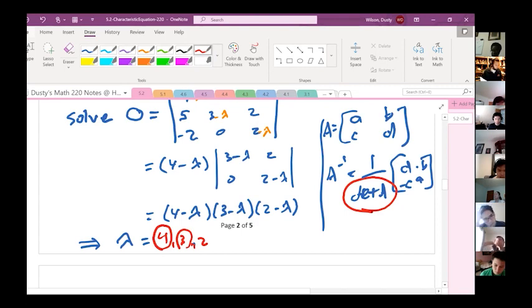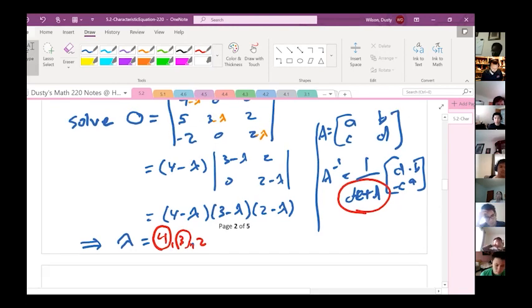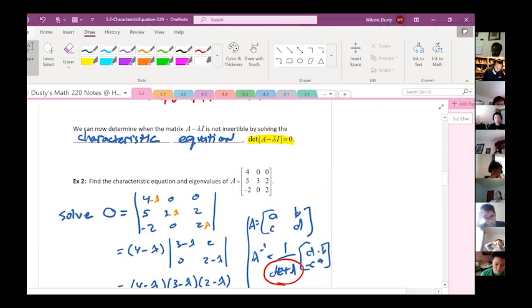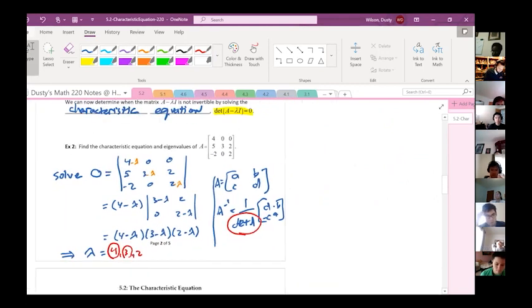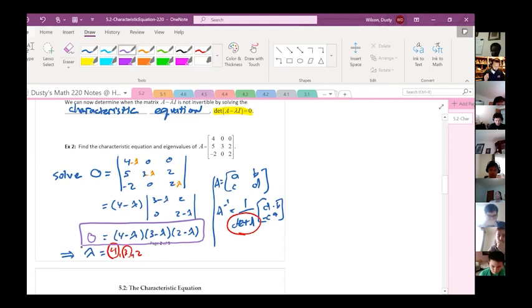Let me just say one more thing and then we'll call it a day. Maybe it's two more things here. So if I put an equals 0 here, what's the name of this equation? So this right here is the characteristic equation. Yeah, characteristic equation.